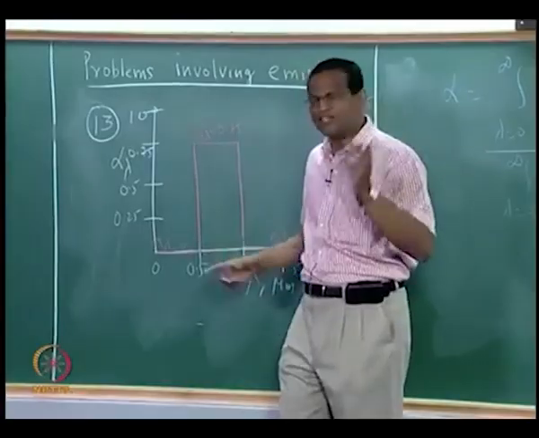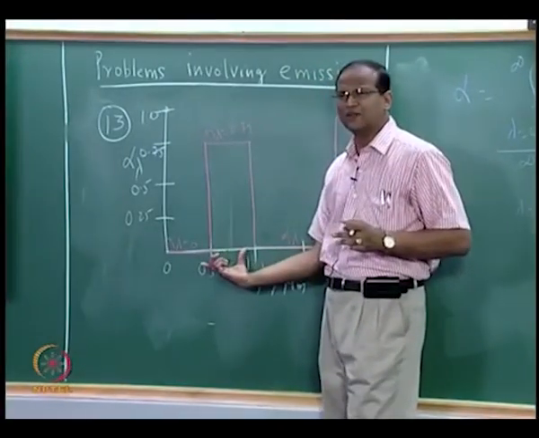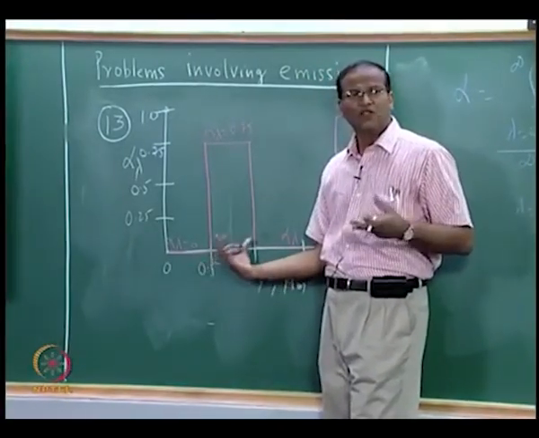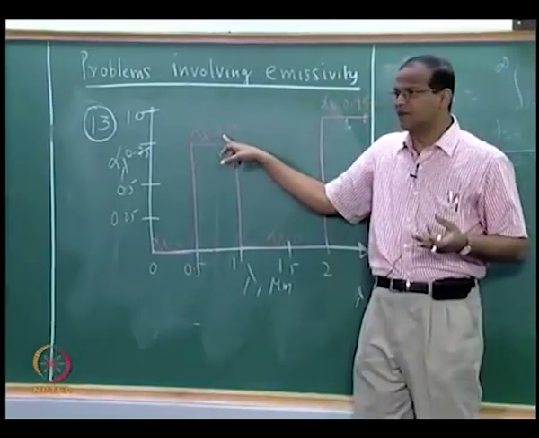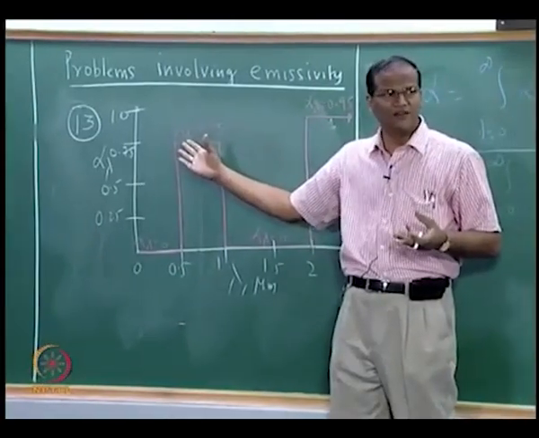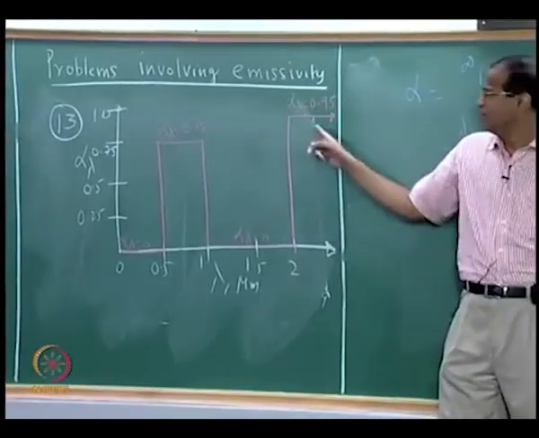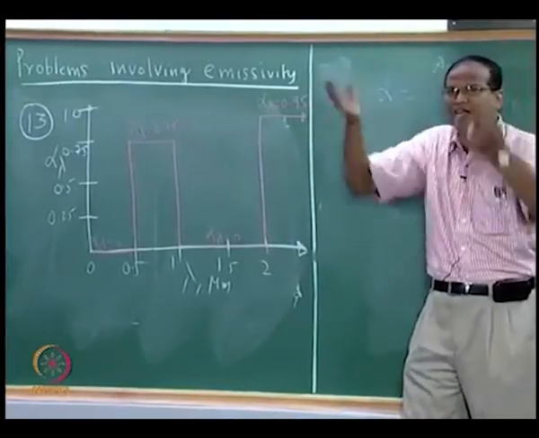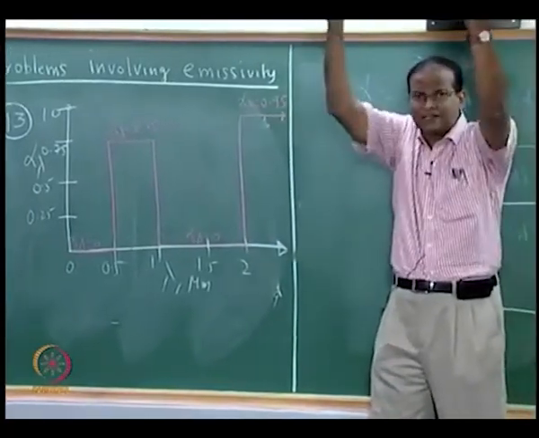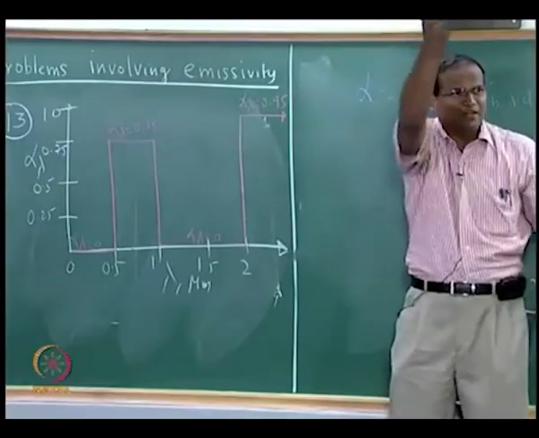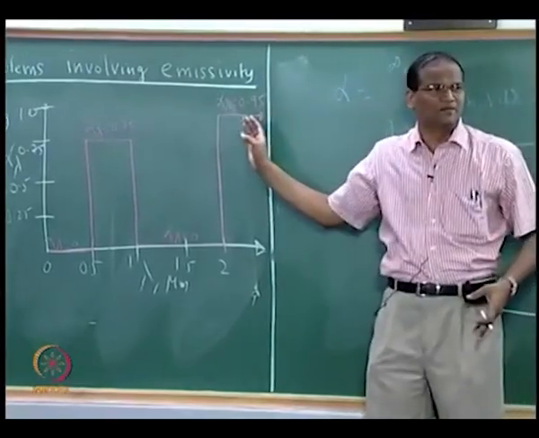If 0.4 to 0.7 were to be 37%, I expect this to be about 50%. Out of that 50%, its efficiency is 0.75. So I will get a value about 0.38 or something, and beyond 2 micrometers it is only 0.06, only 6%. Even though it has a terrific alpha of 0.95, the incoming radiation is not there in that part of the spectrum.